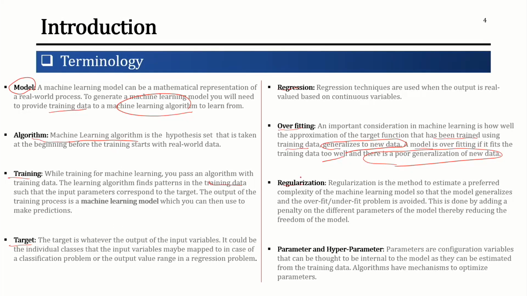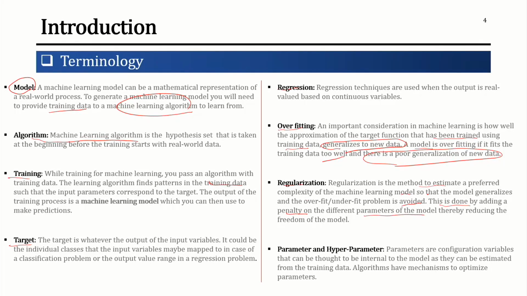And next, we have regularization. It is the method to estimate a preferred complexity of the machine learning model so that the model generalizes and the overfit or underfit problem is avoided. With this regularization, we try to avoid the overfit as well as the underfit problem. This is done by adding a penalty on the different parameters of the model, thereby reducing the freedom of the model.